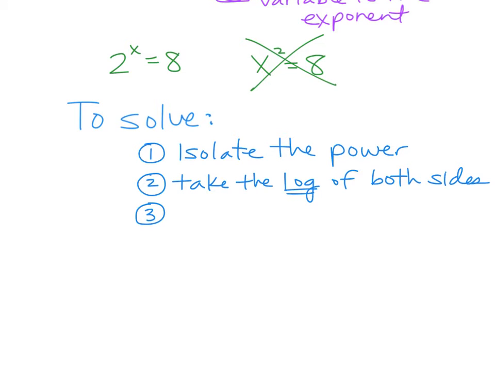Okay, so that's our step 2. And then step 3, we're going to use one of our properties, the log base b of m to the n equals n log base b of m, where you put that n out in front. So we're taking this n and we just move it out in front. Okay, so that's your 3 steps.